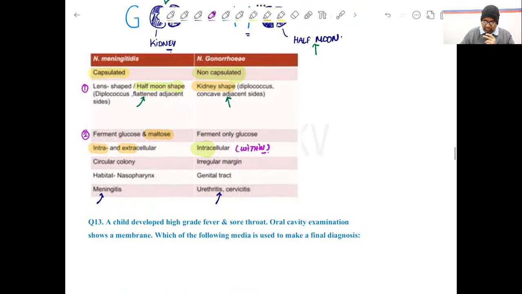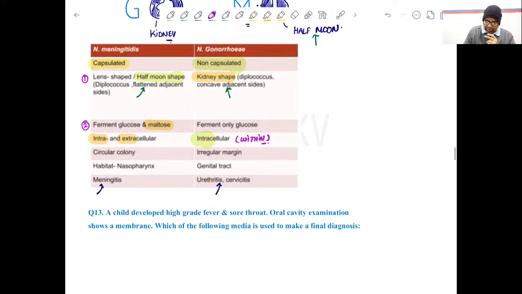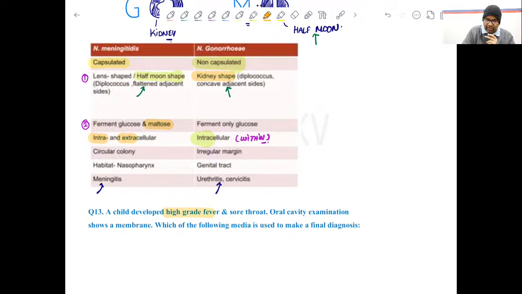Clear? Then moving forward, a child has high-grade fever with sore throat, and a membrane was observed in the throat. Now, what medium is needed to make a final diagnosis? The moment you have a case history of a child with a membrane in throat with high-grade fever, always think of diphtheria. So that should be your first diagnosis, diphtheria.